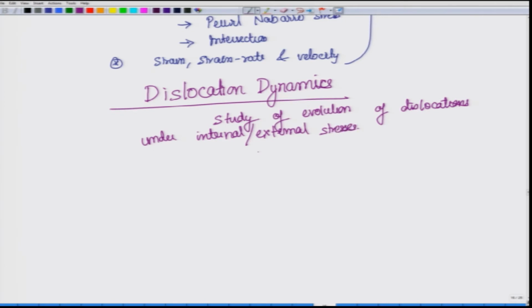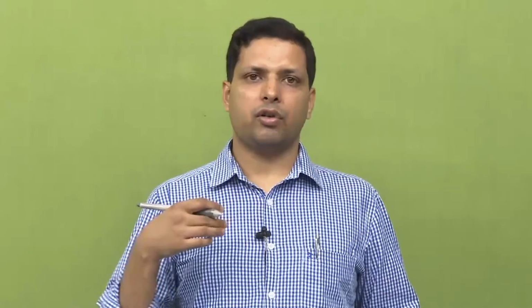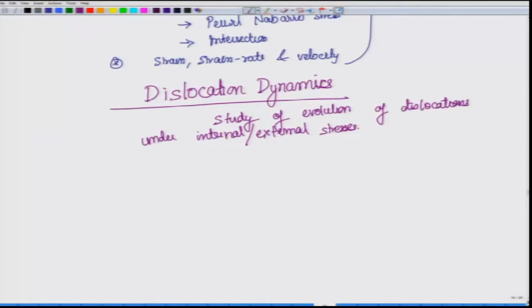So, for example, dislocations will be applying stresses onto others, which will result in forces on them, or because you are applying stresses externally, there will be forces again on the dislocation, and then it should cause motion of the dislocation.